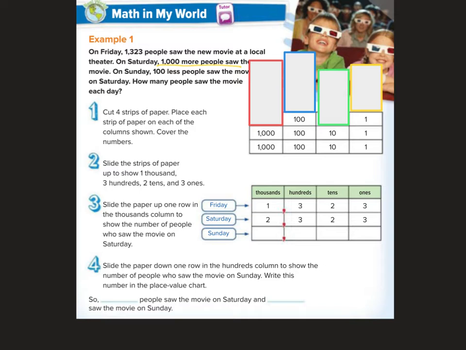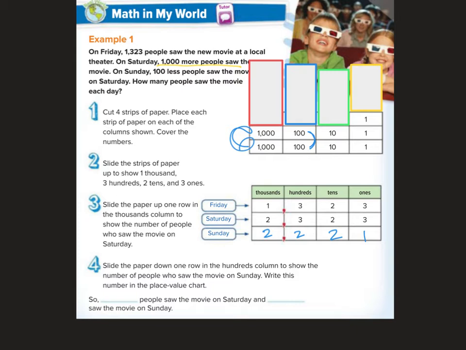Then on Sunday, 100 less people saw the movie. So that means my 100 bars are going to go down. And we can say 2,000, because I've got 2,000s here, 200, because I've got 200s here, 21 people saw the movie on Sunday.